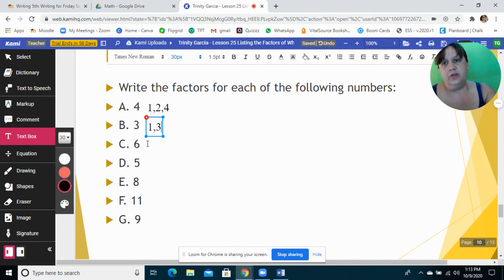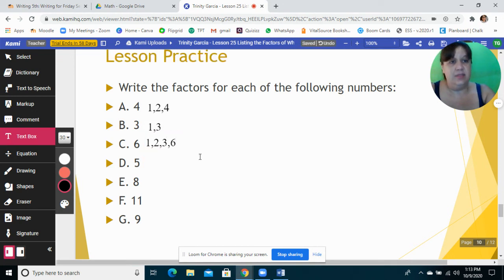Not too difficult. Okay, let's see about factors of 6. What could go into 6? Well, we know because we've already done this, right? 1 goes in because 1 goes into 6 six times. We already said that 2 goes into 6. We also know that 3 goes into 6. And we know that 6 goes into 6. Okay, and all of those go in without leaving a remainder.